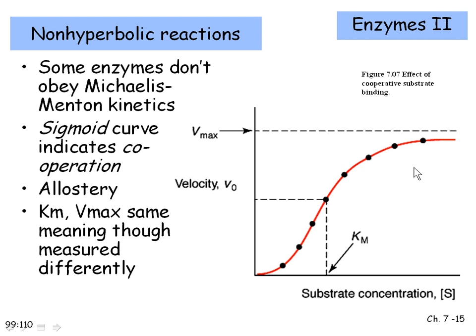This is our old friend, the sigmoid curve. And just as with hemoglobin, where we had a sigmoid oxygen binding curve that indicated that there was cooperativity, a sigmoid curve for an enzyme also indicates some kind of cooperativity going on. That there can be crosstalk across the enzyme to make other parts of it behave differently.